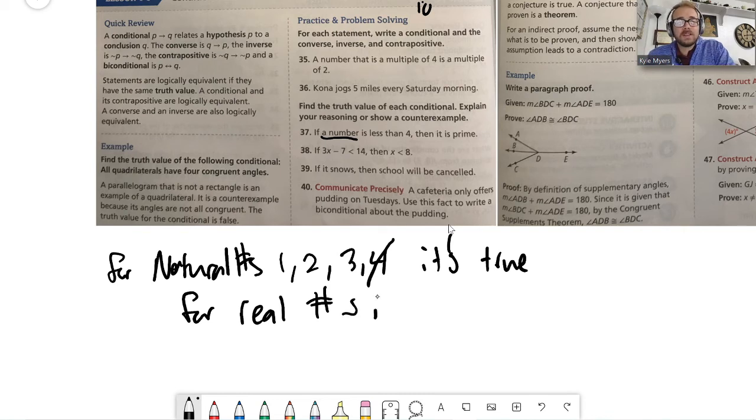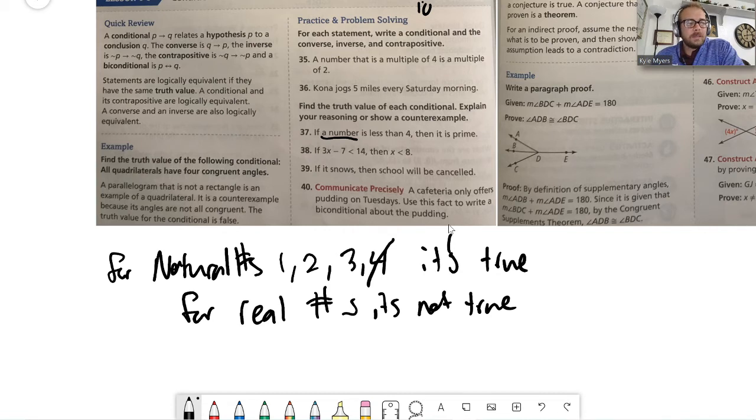For real numbers, it's not true, because in order for something to be prime, it has to divide by only itself and 1, and the result would have to be a natural number or integer.